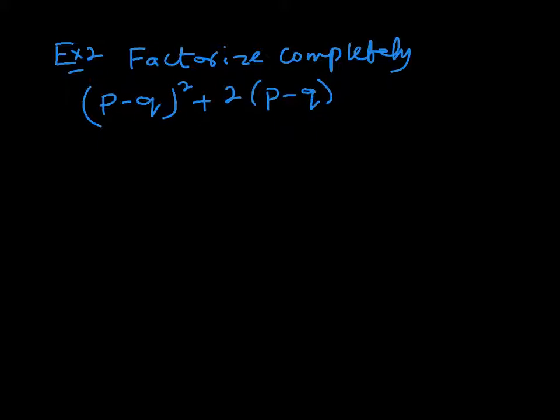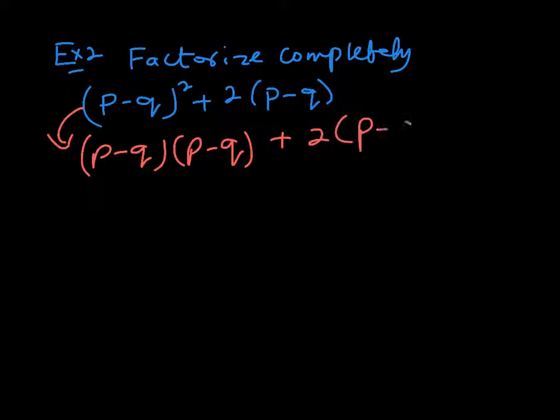So factorize p minus q squared plus 2 into p minus q. So we can write this as p minus q into p minus q plus 2 into p minus q.